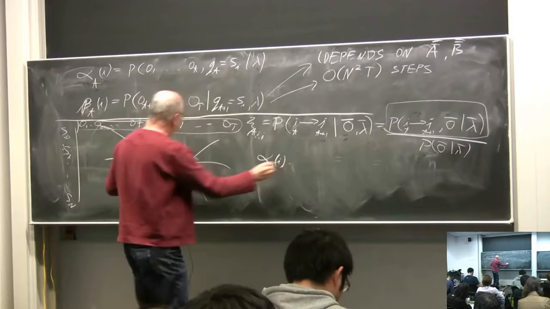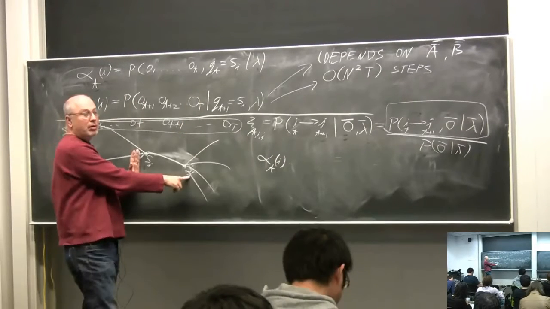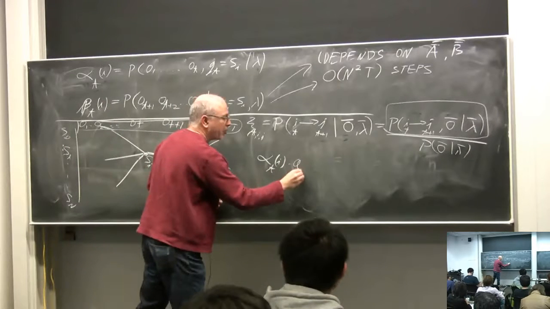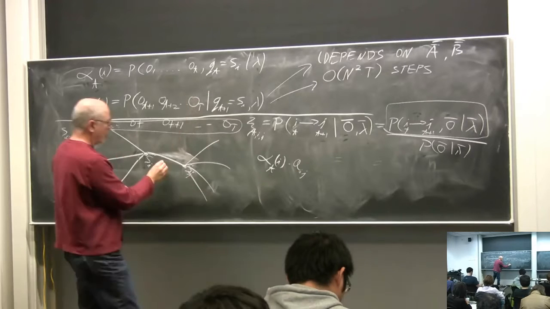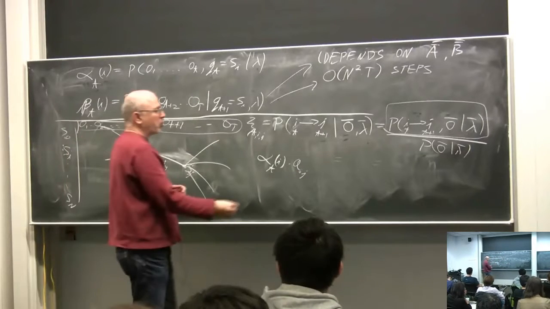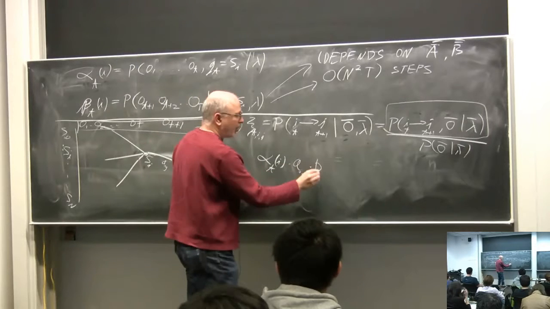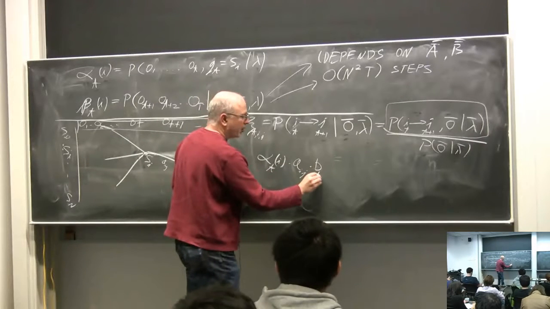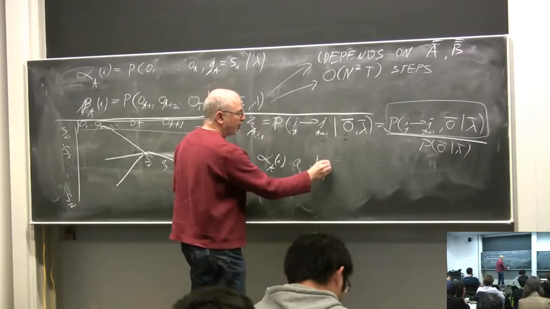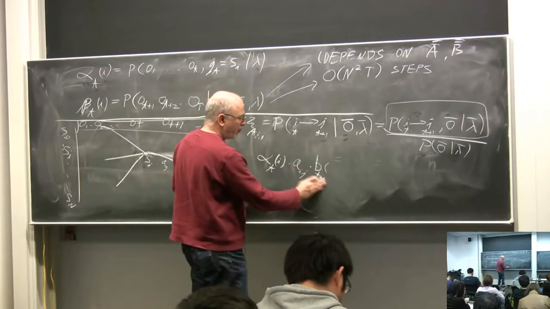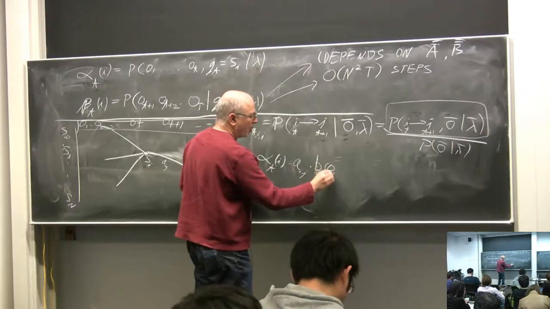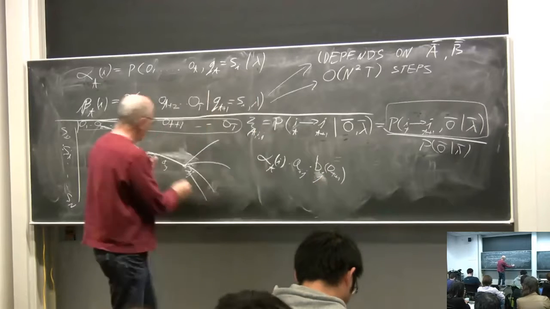Then I'm going to explain transitioning to j by using the transition probability a i to j. Then I'm going to explain being at time t plus 1 in state j, and emitting symbol O t plus 1.